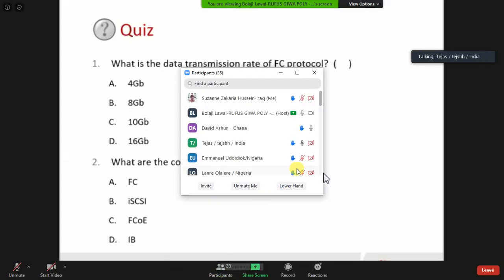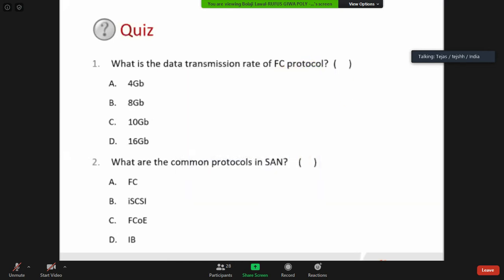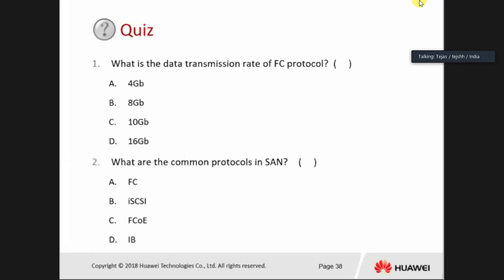For question number 1, the answer is 4 Gbps, 8 gigabits per second, and 16 gigabits per second for the FC protocol. And for question number 2, what are the common protocols in SAN, the answer lies with FC, that is fiber channel, and FCoE, fiber channel over Ethernet. These are the two answers for question number 2.